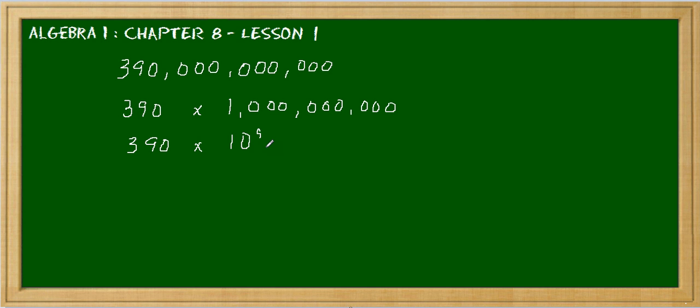Now, we also know, if we were to do it over here, I'll go right underneath. We could have written this as 3.9 times 100 billion. Now, why would we do that? Well, let's just take a look. This is going to help you to see how scientific notation works. Okay, I believe I need one more zero. Yeah. So, if we had 390 billion, we know that we had 390 times 1 billion.